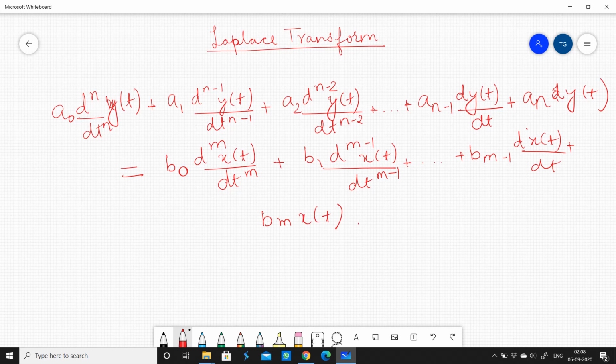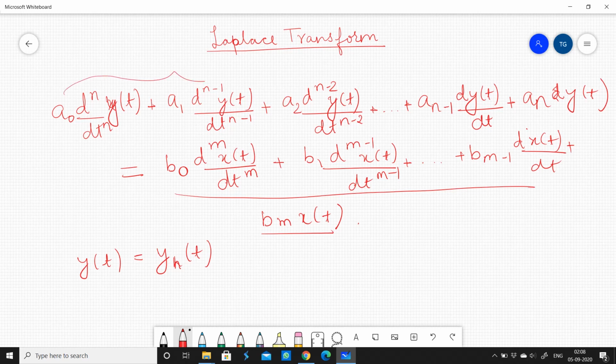We know that the solution of this differential equation is y(t) equal to the natural response of the system, or the homogeneous solution, y_h(t), where we substitute the right side as 0 and find the characteristic roots of this equation.